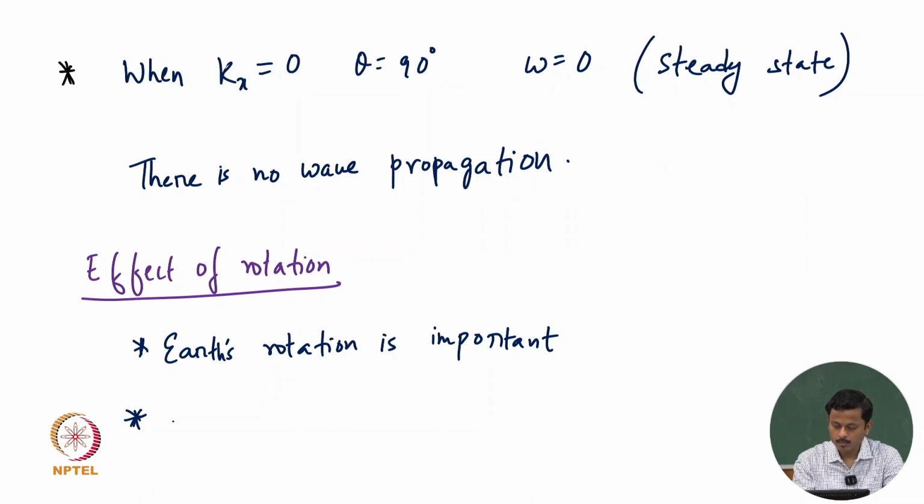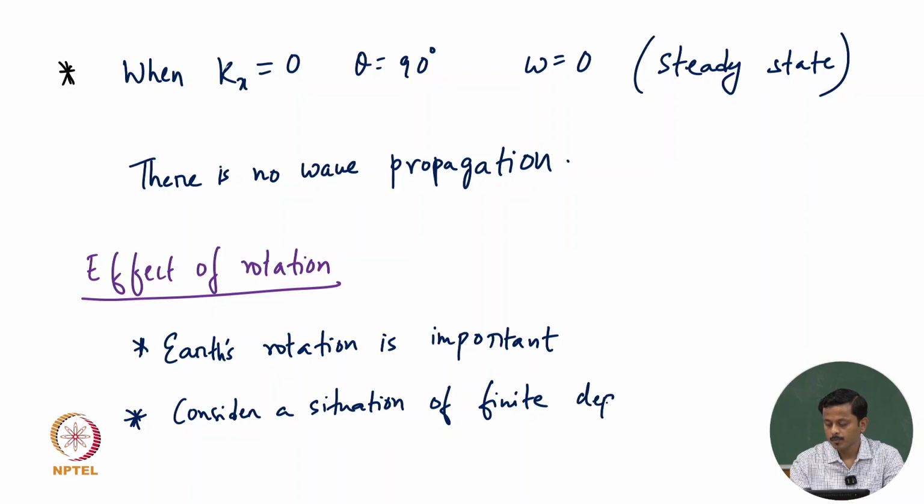We now consider a situation of finite depth, and this is important because we now cannot have an unbounded wave in the finite depth direction, and you will see how that will come into the solution of the equations that we assume later.